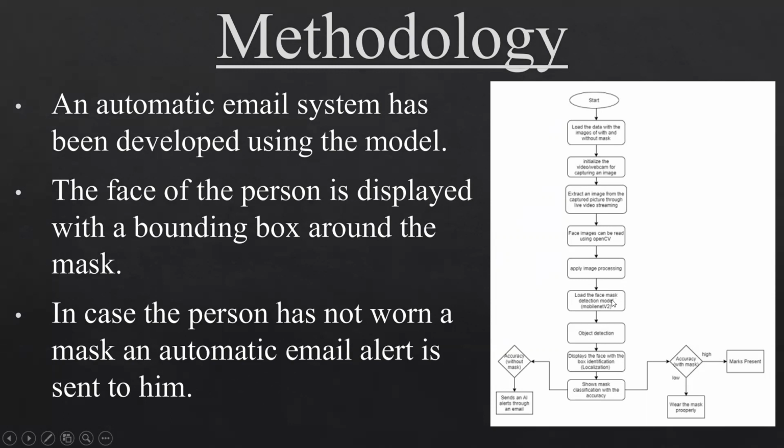And on the basis of whatever output they get from the model, if the person is not wearing a mask, it would send an email alert to you that you aren't wearing a mask. And if you are wearing a mask, it shows the object detection with the bounding boxes and the accuracy of the detected object.